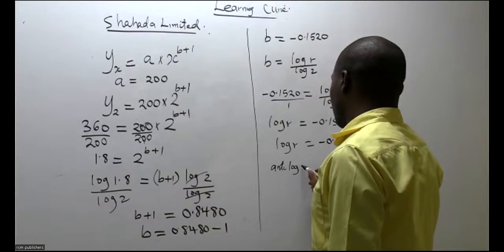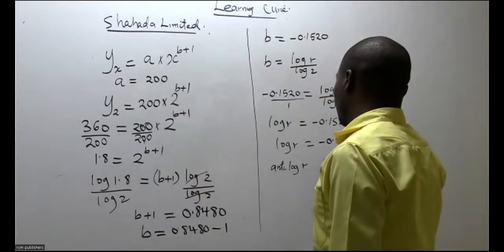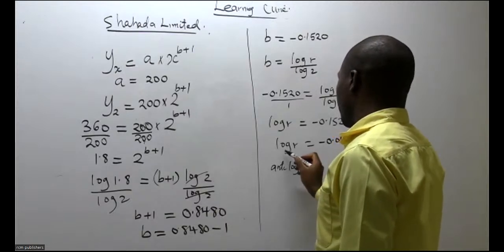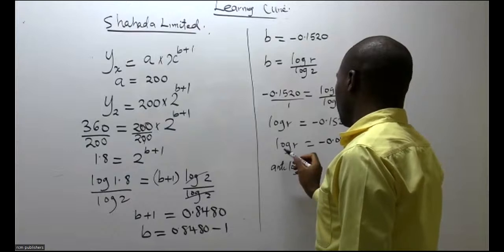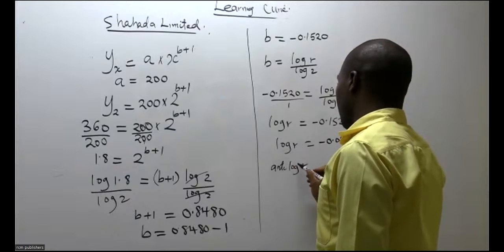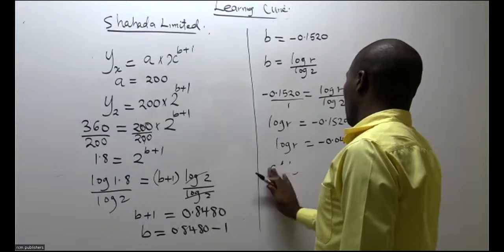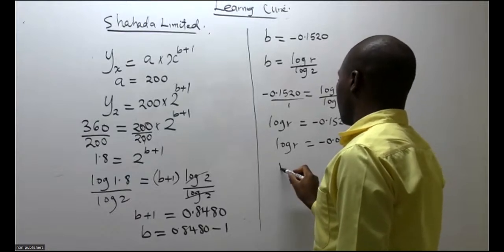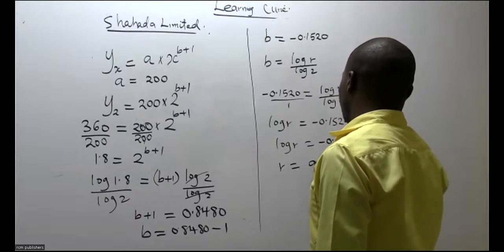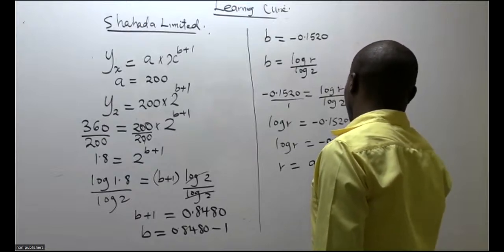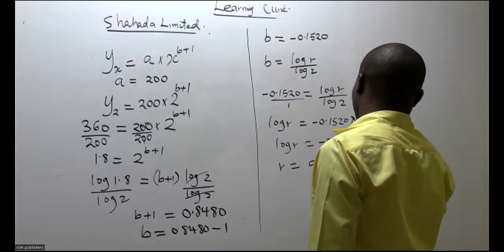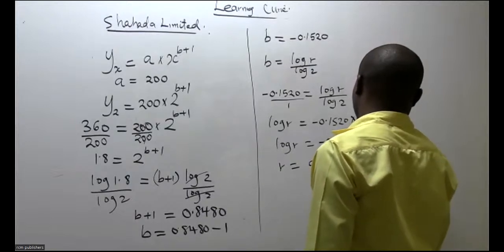Divide both sides by the anti-log, and you'll be able to get your R. So R is equivalent to anti-log of negative 0.04576.